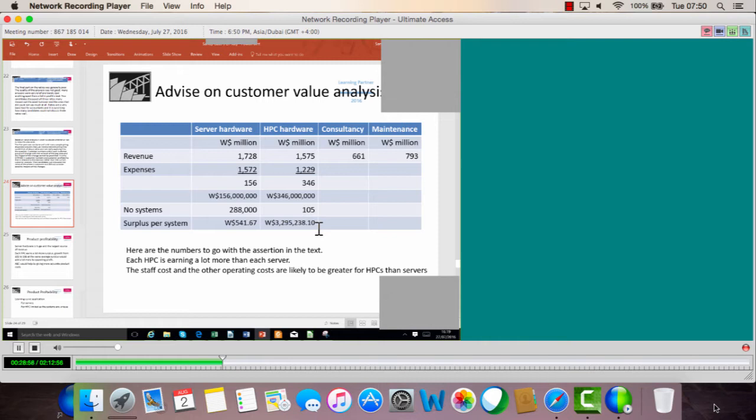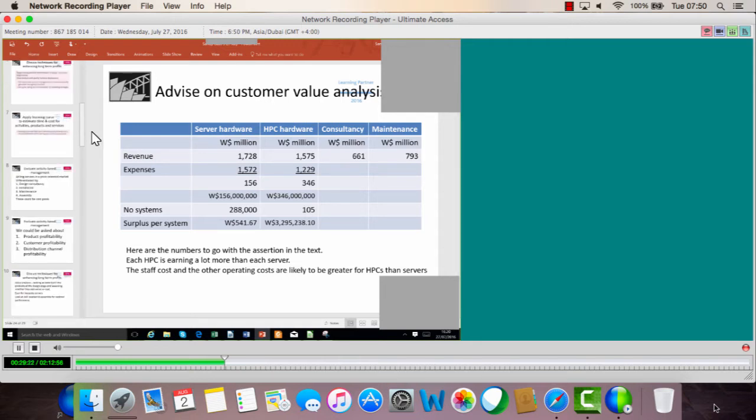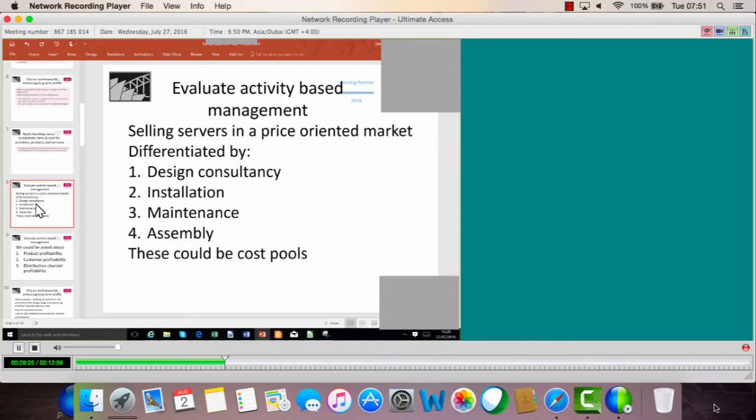If we're making a surplus of 541 before we've paid out staff costs and other fixed cost expenses, we would need to be sure that if we were selling the server hardware on the basis of a differentiation, we were able to genuinely earn a higher return on that money.